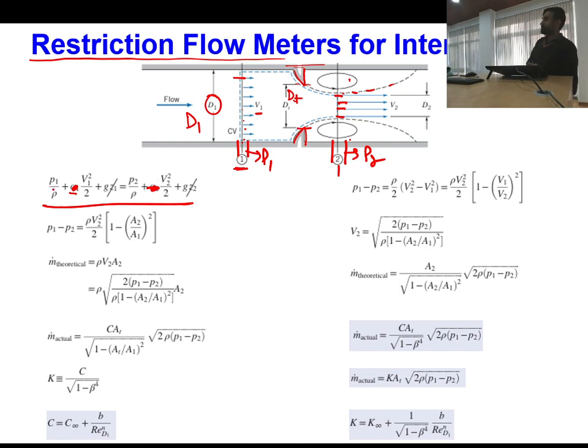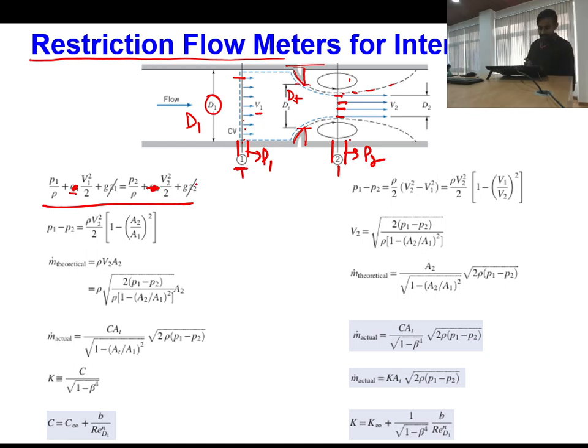As per Bernoulli's equation, P1 by rho plus V1 square by 2 plus gZ1 equal to P2 by rho plus V2 square by 2 plus gZ2. Now we have a horizontal pipe. Sections 1 and 2 are at the same elevation level, so gZ1 and gZ2 cancel out.